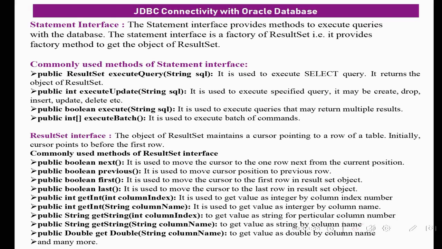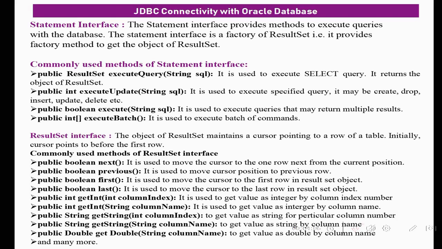Now let's understand commonly used methods of Statement interface. The first is public ResultSet executeQuery(String sql). It is used to execute a select query. It returns the object of ResultSet.